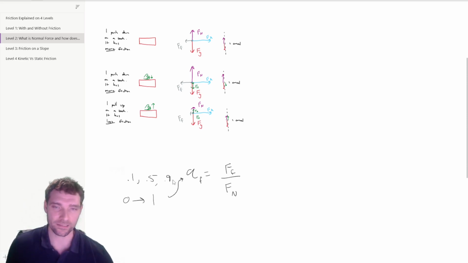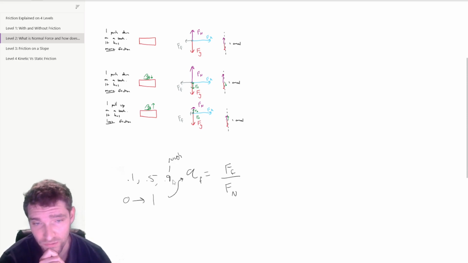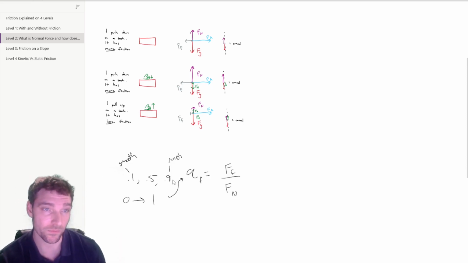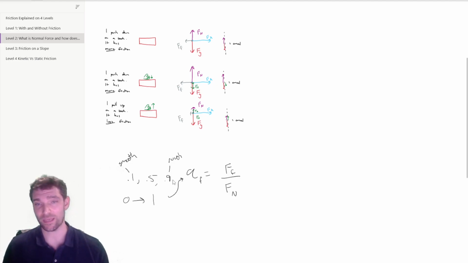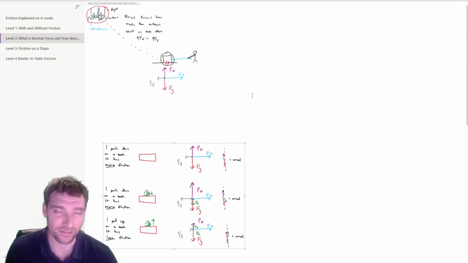And so you're basically saying, okay, the force of friction could be as much as the force normal, but not more. And a very rough surface has those high values of friction, and smoother surfaces have lower values of the coefficient of friction, because that means there's a smaller force of friction for the same normal force. So that's a way of mathematically describing what we looked at with these books and thinking about the normal force.